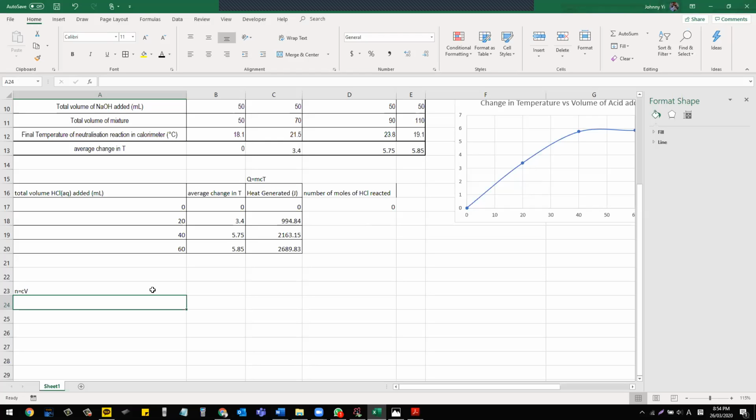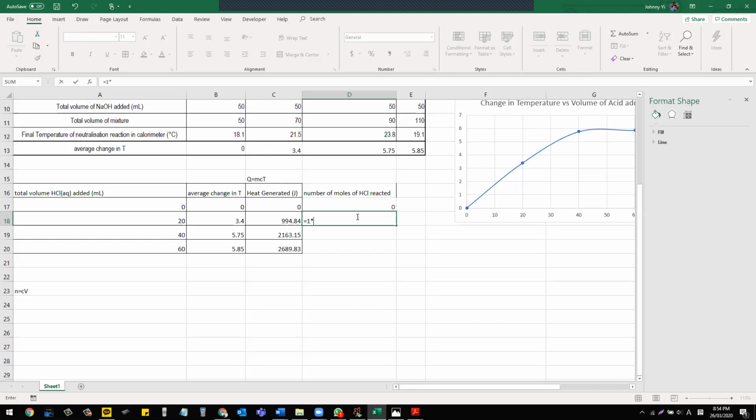So concentration is 1 molarity, isn't it? So the number of moles is simply concentration, which is 1, times by 0.02, which is that one divided by 1,000. So 0.02.